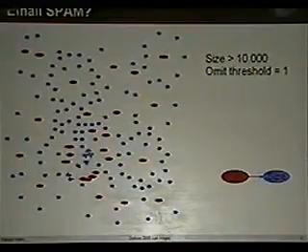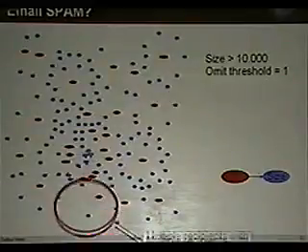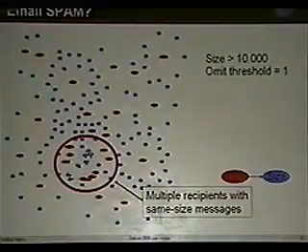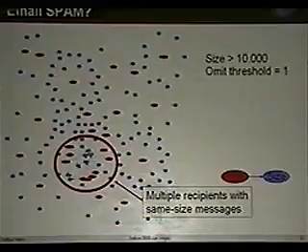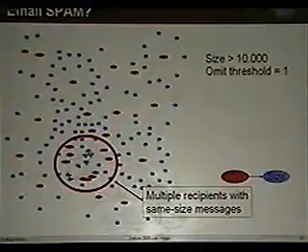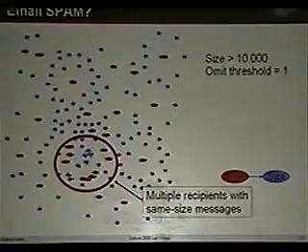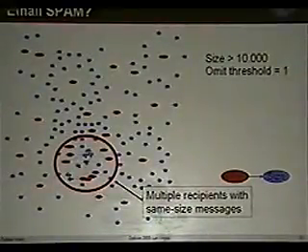All the others I'm not interested in. So you still see that, for example, down here, there are multiple recipients that get the same size messages. So that means that someone probably is sending emails to a few people, and this email is pretty big, and it's probably the same one because they have the same size. So that would be one indication of maybe there is something spammy going on.